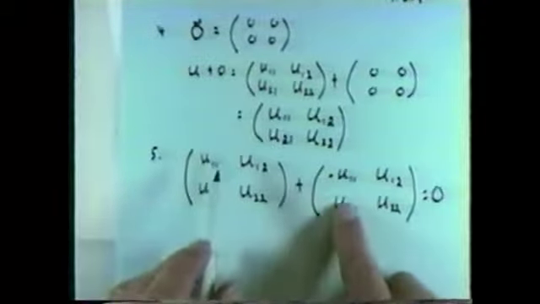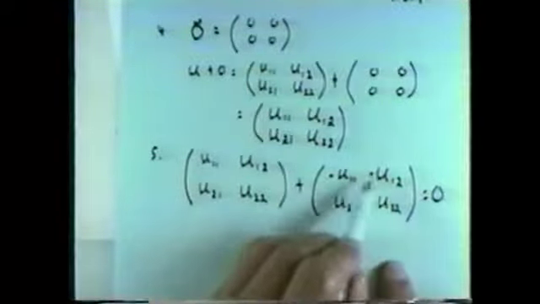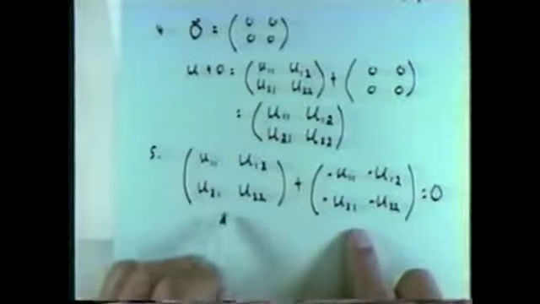Well, we can see that's the case because remember the U's are simply real numbers, real elements. So U11 plus the opposite of U11 is 0. A real number plus its opposite is 0. And I need to go ahead and put opposites with all these. So this is the vector U. This is going to be the vector opposite of U. So you can see that in all cases it adds to 0. So it does satisfy property 5.